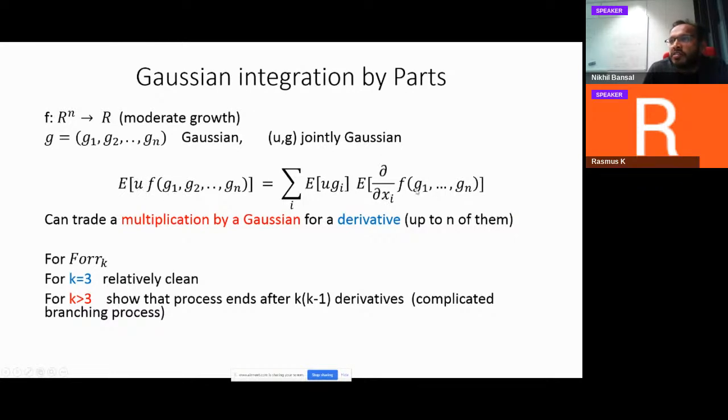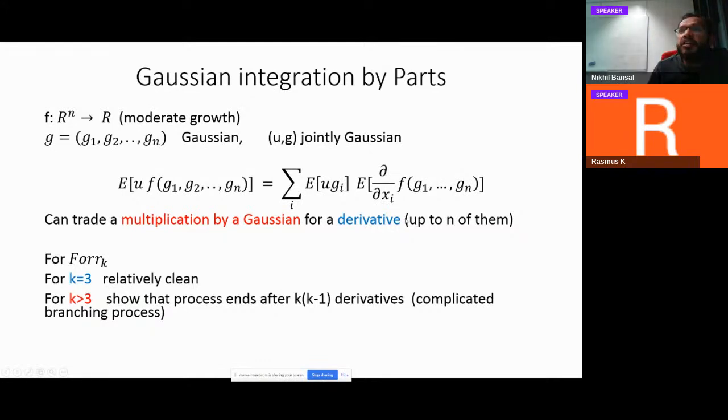Here the product has disappeared and you have got a partial derivative, and this is just some constant, the correlation between u and gi. You sum up over all that. So it's a very precise formula which allows you to trade off a product, which you may not like for some reason, with a derivative.